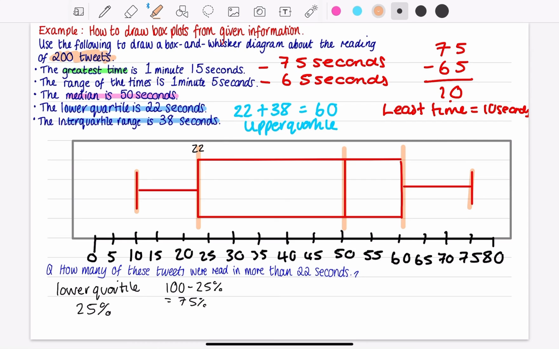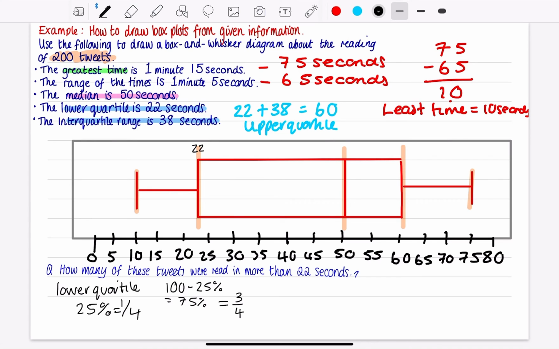So now I need to find 75% of 200, or remember quartile, quarter. The lower quartile is simply 1/4. The upper quartile is 3/4. The median, the middle, would be a half, but we've not been asked for that here.